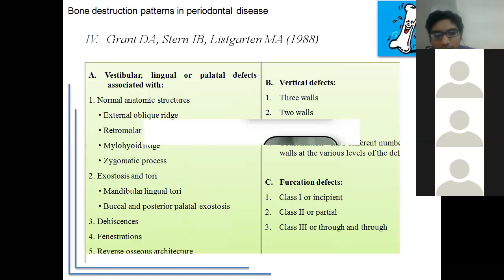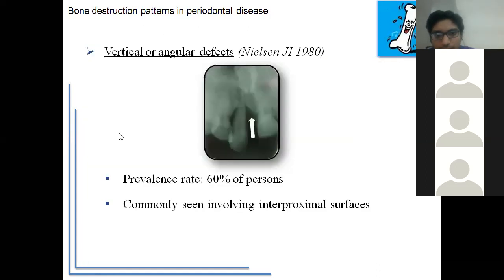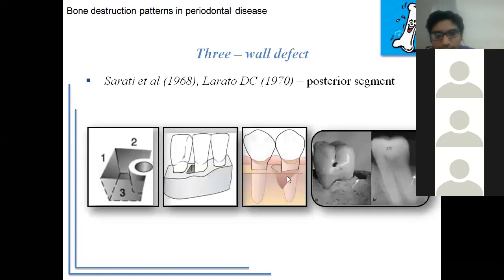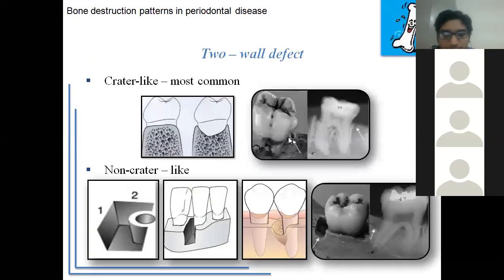There is one picture of a crater. This is what you call a crater. Craters are concavities in the crest of the alveolar bone, right? And craters are basically 2-wall intrabony defects.